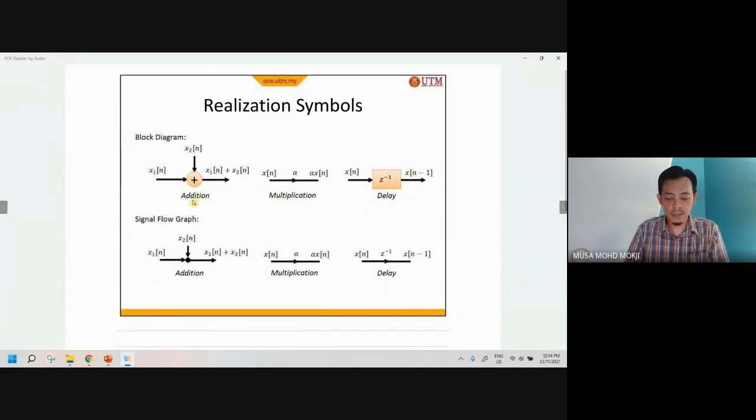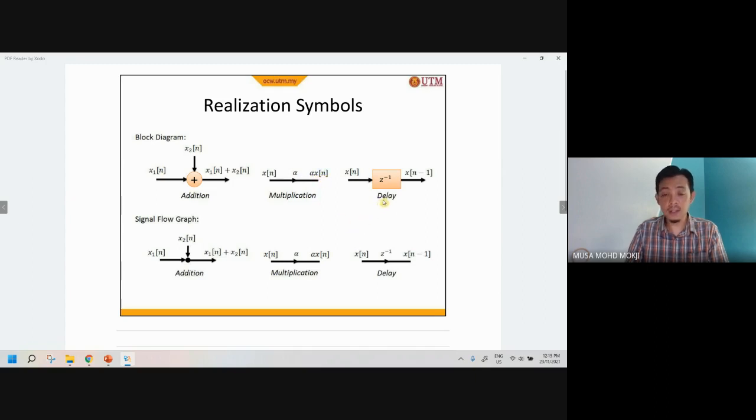To do that, we have several symbols. This is addition, the circle with a plus. Everybody is already familiar with this. And then this is multiplication. Multiplication is just an arrow, so you have one arrow and then the multiplier. If we have xn here as an input, and it goes through this arrow with a multiplier value, this is where we get axn.